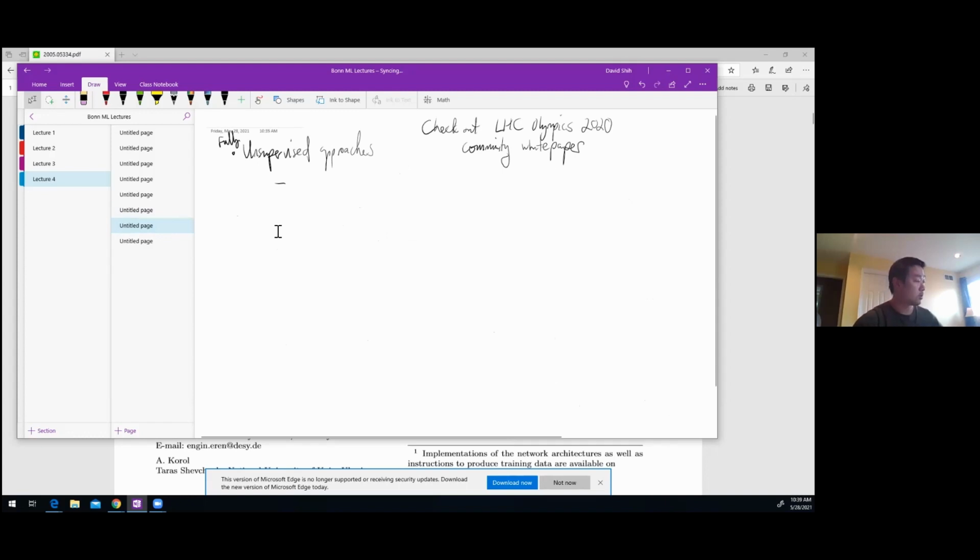For fully unsupervised approaches, you can get a more complete list here, but one example is an autoencoder. It's from the ML literature, something ML people came up with, has been around for a long time, and has many applications, including anomaly detection. People use this in the real world to look for things like credit card fraud.